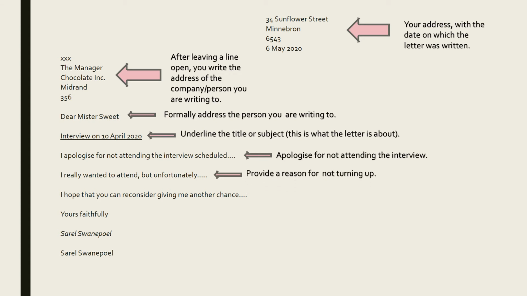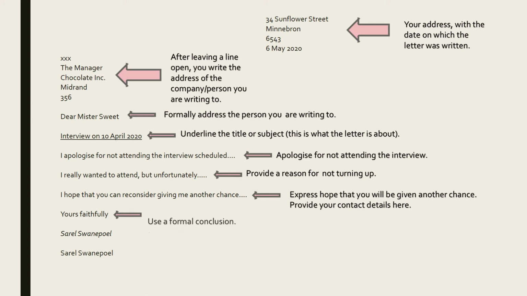In the body of the letter, you now provide reasons or explanations for you being late or not attending the interview. Again, you leave open a line, followed by the concluding paragraph. In this paragraph, you express your hope to the company for maybe inviting you back for another interview.